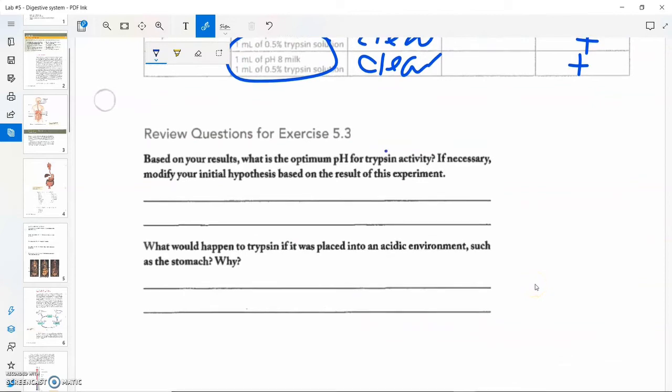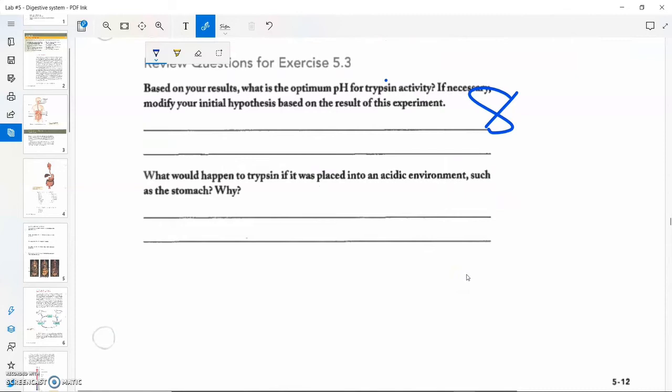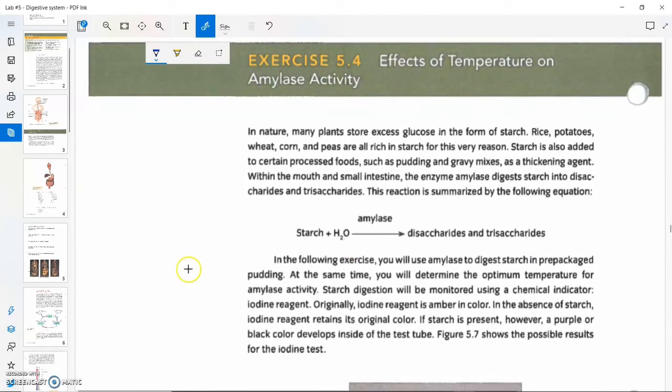Optimum pH for trypsin activity is 8. What would happen to trypsin if it was placed into acidic environment such as stomach? It would be denatured. And it would be denatured because of its structural arrangement, and that it exists best at the pH of 8.